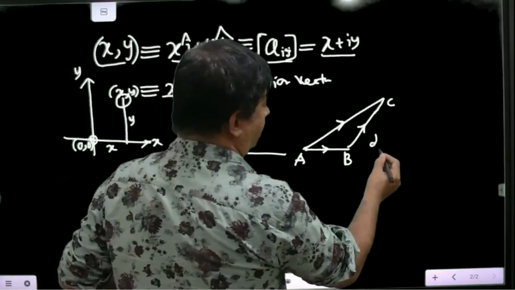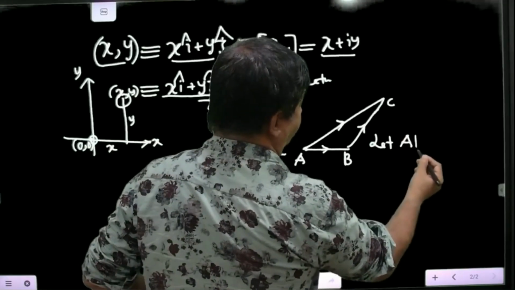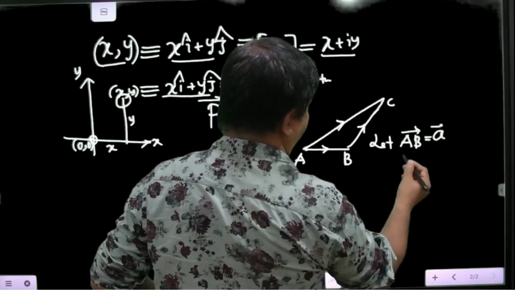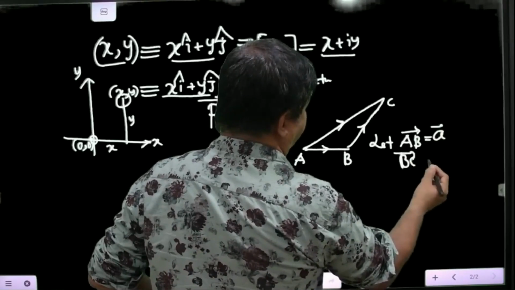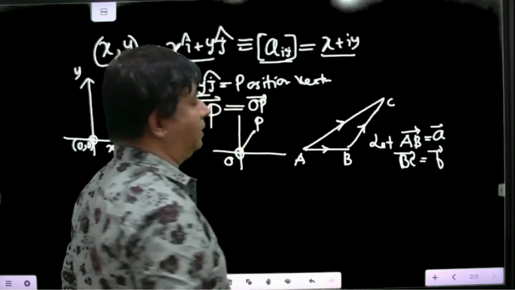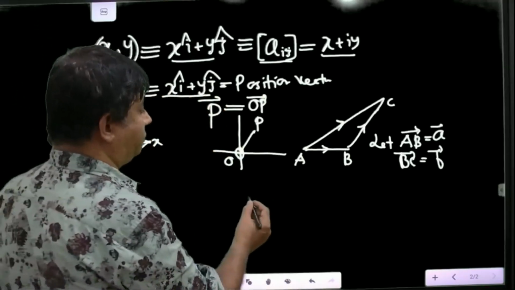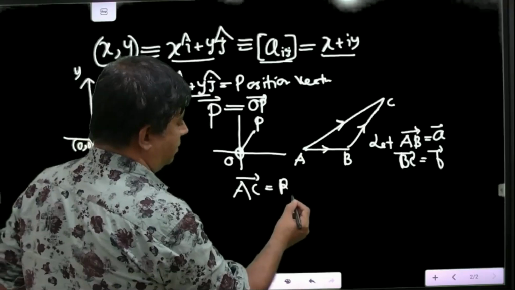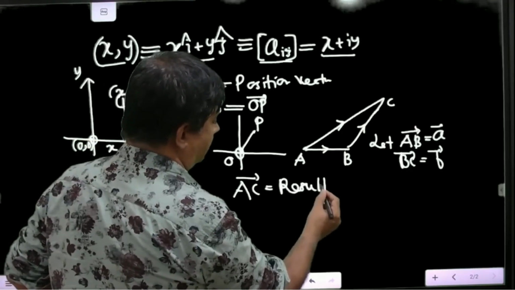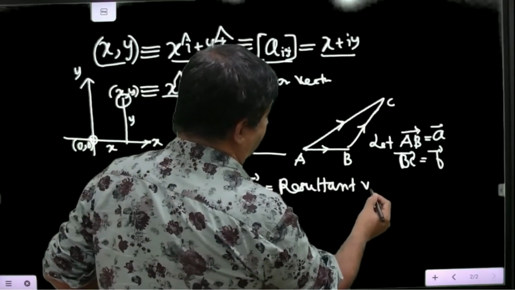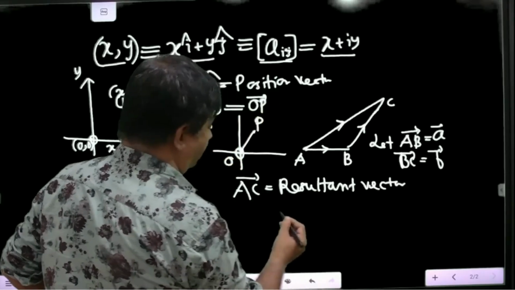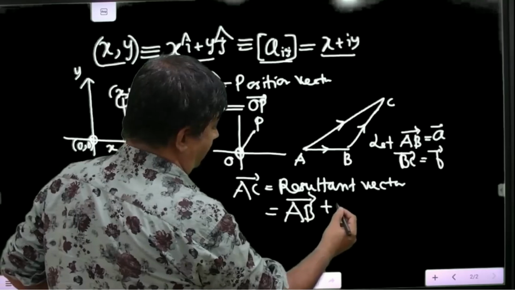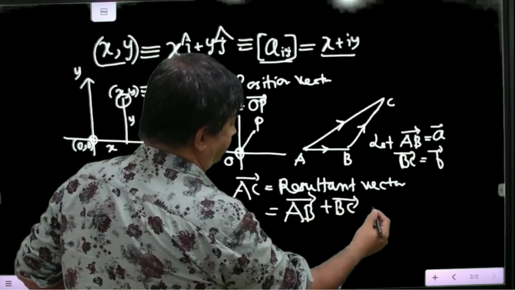Let vector AB be represented by the vector A, vector BC represented by the vector B. Now, its resultant vector AC means resultant vector, that is AB plus BC.